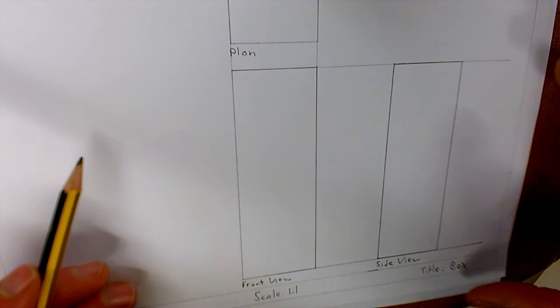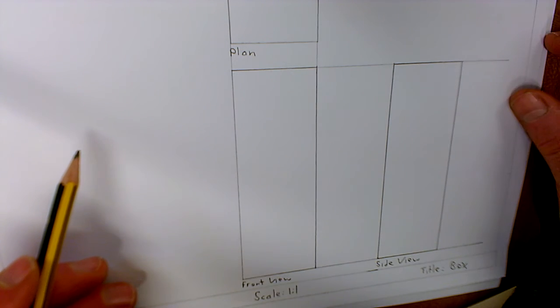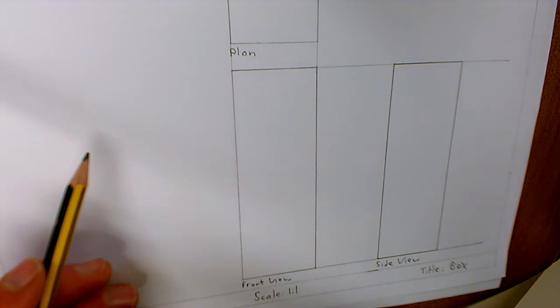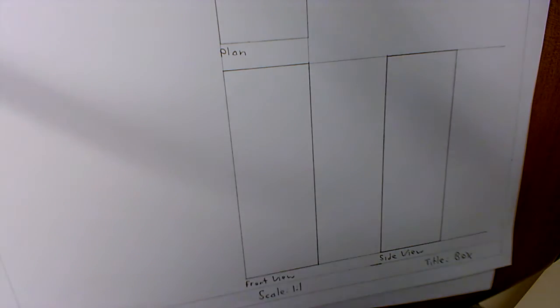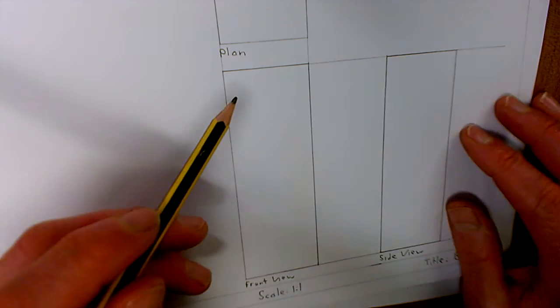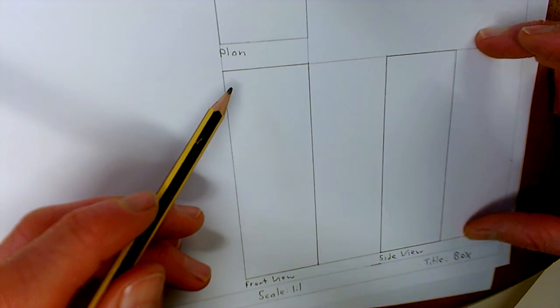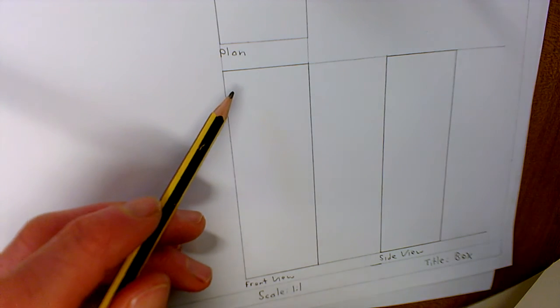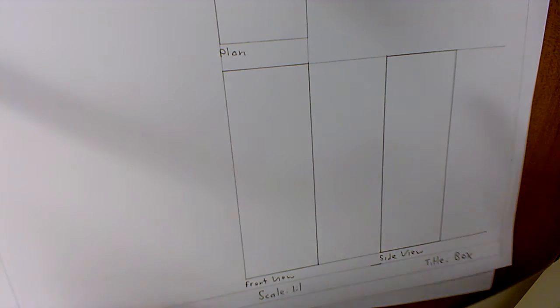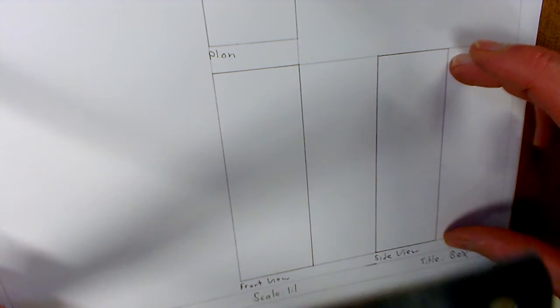What you then need to do is add your dimensions. You're only adding dimensions so whoever's reading the drawing can understand what the size of the object is. So all we really need is the height, the width and the depth. And you do exactly the same as you do with the net development.